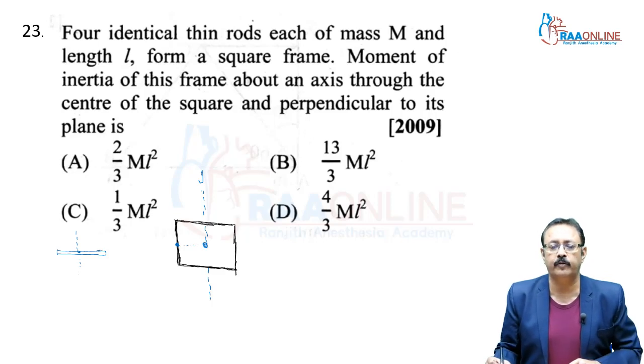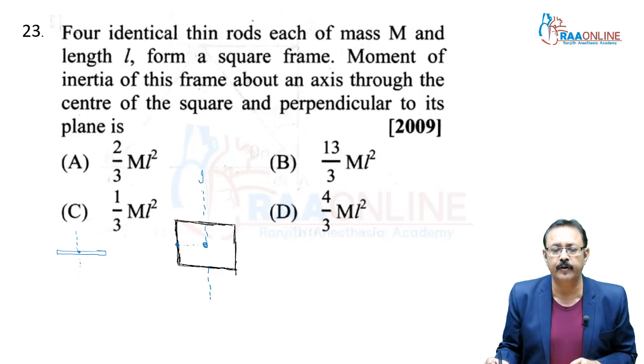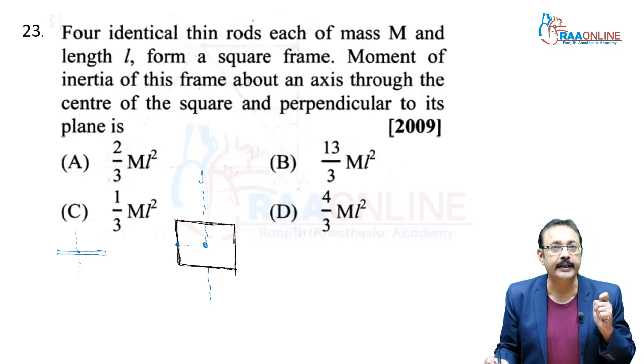The result will be the same for all 4 rods because all are equidistant from this point.